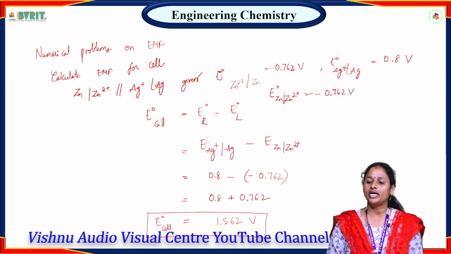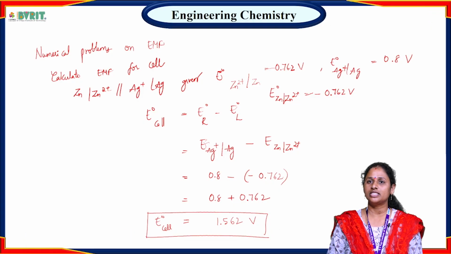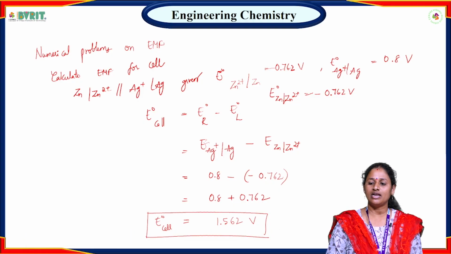So here the value becomes reversed, minus 0.762, and the silver electrode is 0.8. If you substitute the values, we get a positive EMF value, that is E naught cell is equal to 1.562 volt. That is a feasible reaction between Zn and silver.